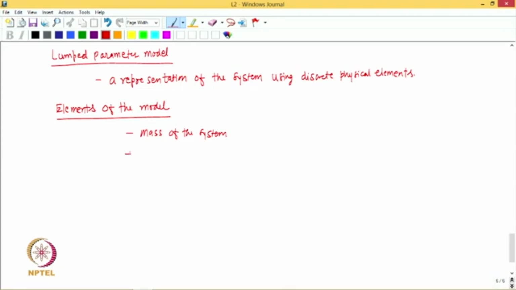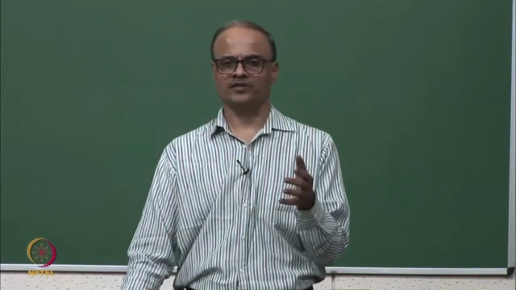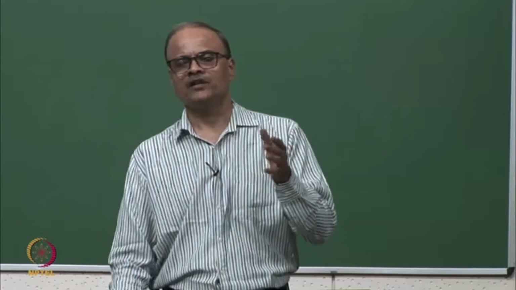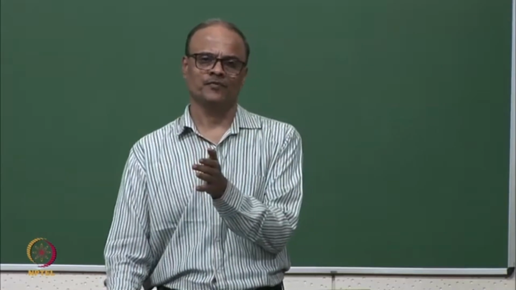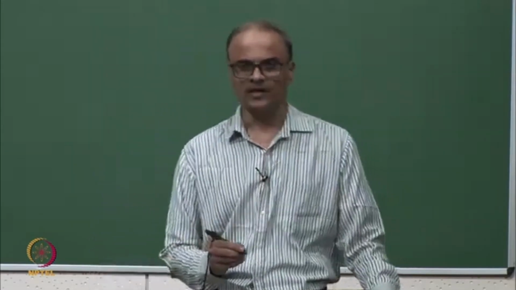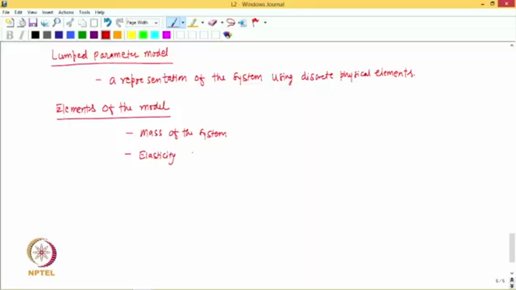The other characteristic is the ability of the system to restore to its mean position. When the system is displaced, the system tends to apply restoring forces, elastic forces due to the elasticity of the system, so that the system is restored to its mean position. So, elasticity is another physical property that needs to be modeled, which gives rise to the stiffness of the system.